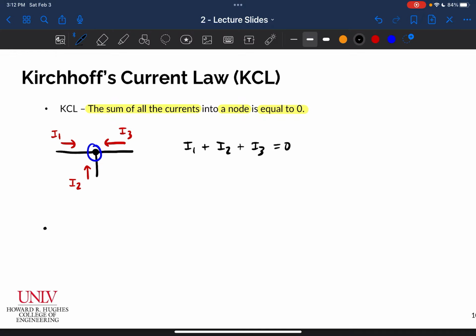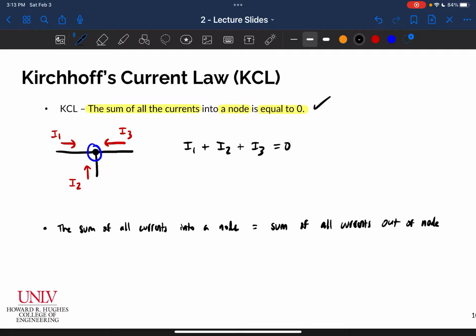You can think about it the first way and it'll be perfectly fine, but there is another way to think about it, and it is that the sum of all currents into a node equals the sum of all the currents out of a node. Okay? So the sum of all the currents into a node is equal to the sum of all the currents out of a node.